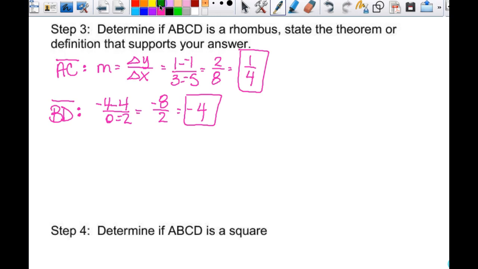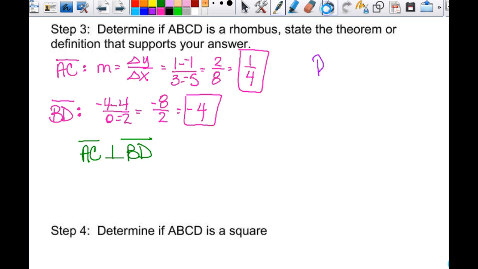This leads me to be able to say, because this is true, then line segment AC is perpendicular to line segment BD. Then, because they are perpendicular and we know it's a parallelogram, can we say it's a rhombus? Yes. Good.